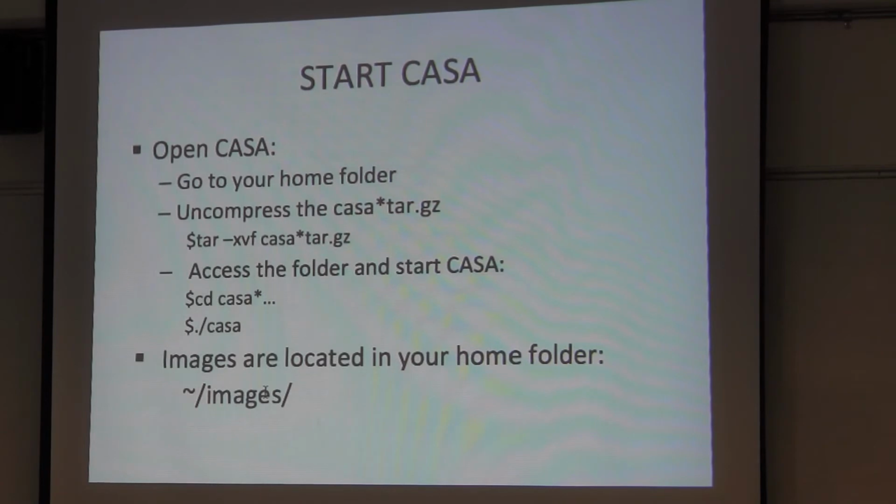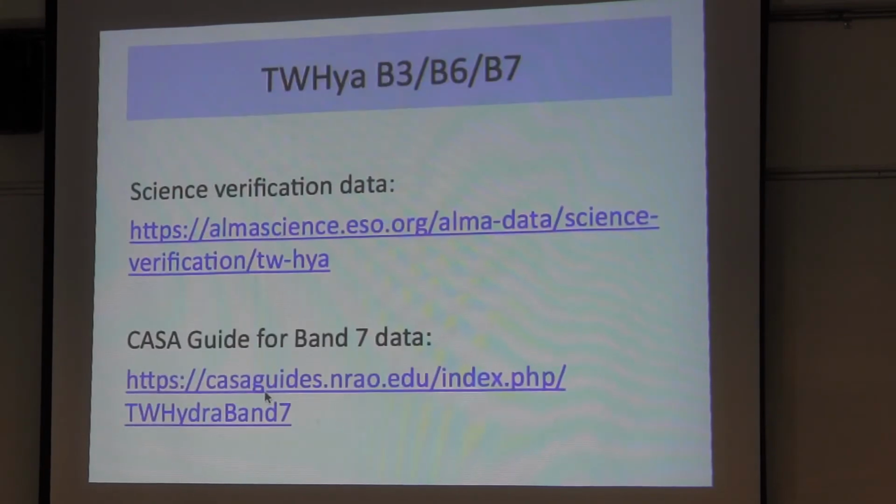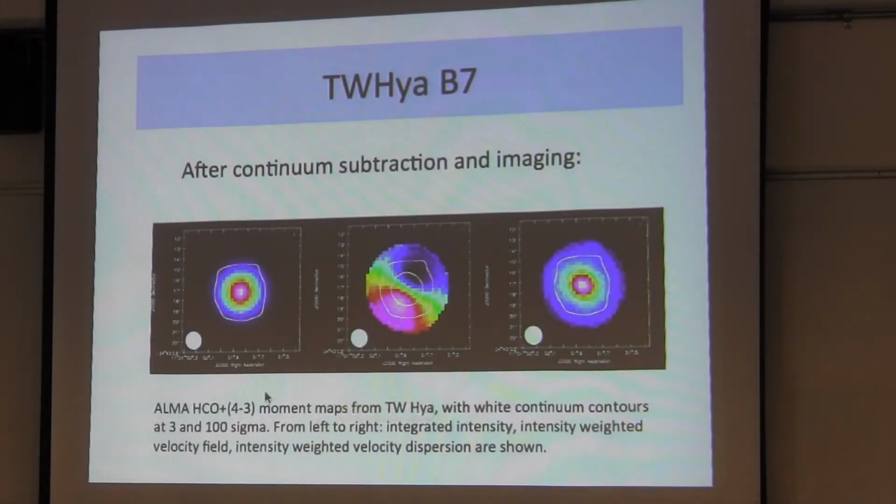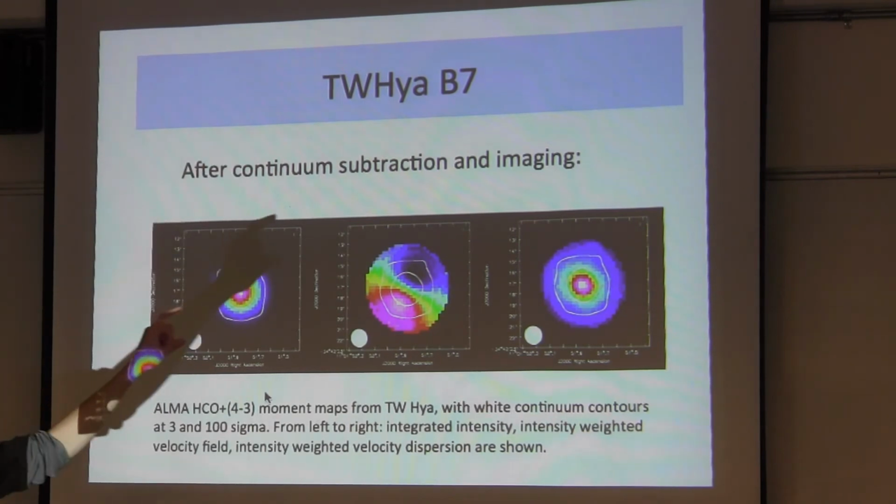These are the output products of the data reduction of all the science verification targets. These are the ones that you will be able to open in Casa with a viewer later. As an example for the exercises, I suggest this target, TW Hydra, in band 7.